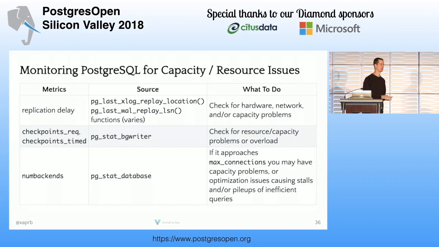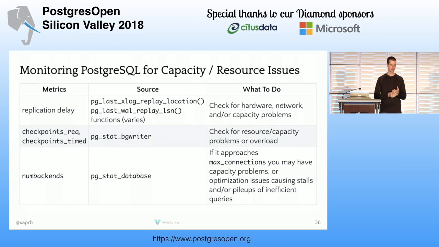You can also detect whether there is a capacity or a resource constraint by looking at some of these metrics. They're very sensitive. Replication will delay if replication doesn't have enough resources to keep up. You don't know exactly what is making it not keep up, but checking for the next steps from there is a much narrower search space. Same thing with checkpoints and connections.